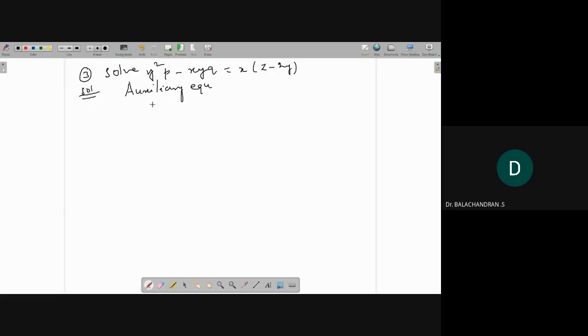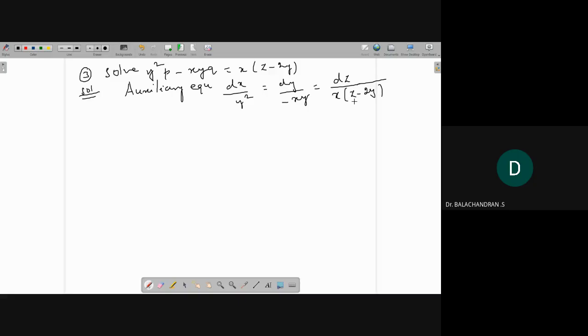Auxiliary equation is dx by y square equal to dy by minus xy equal to dz by x into z minus 2y.